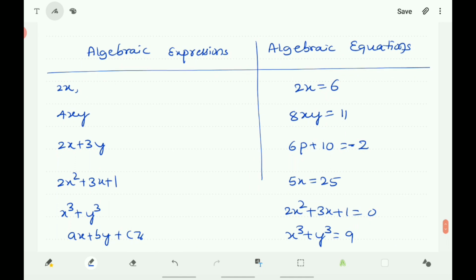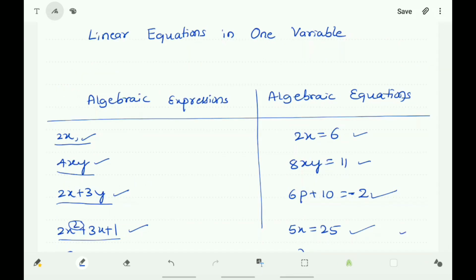See the difference here. In algebraic expressions, one thing is missing. What is missing? The equality sign is not there. So what is an algebraic equation? Here there is an equality sign, and on both sides of the equality sign there are two expressions.